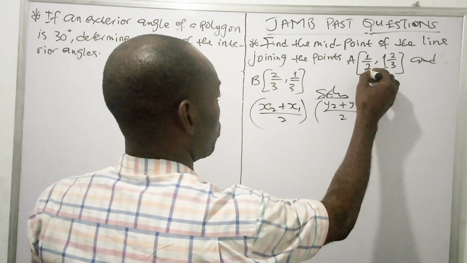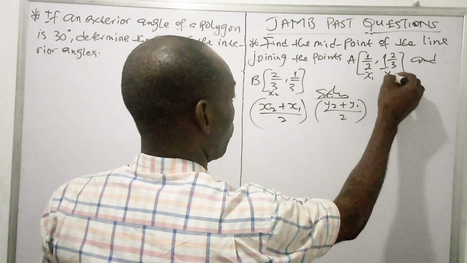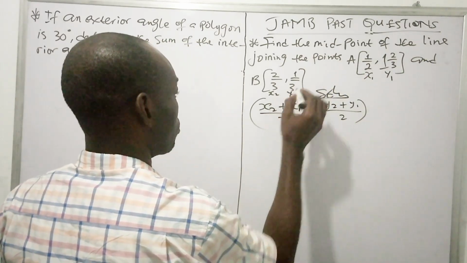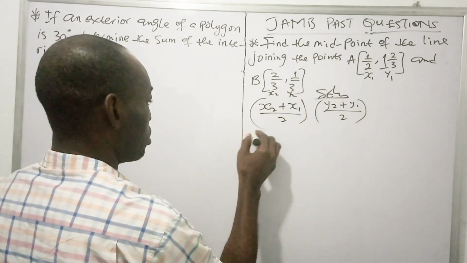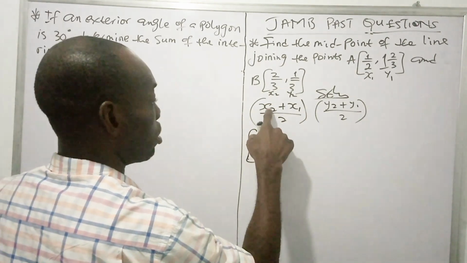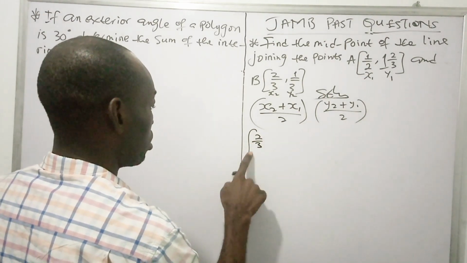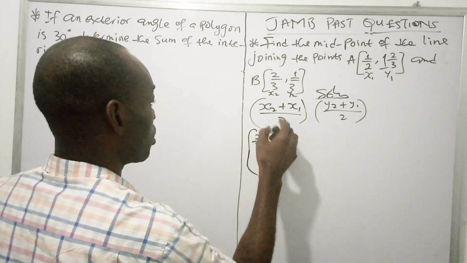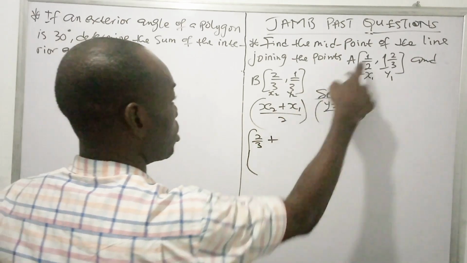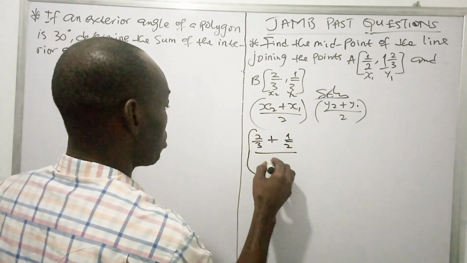This is our X1, this is our X2, here is our Y1, and here is our Y2. Now putting that into this, our X2 here is 2/3, plus our X1, that's 1/2, all divided by 2.